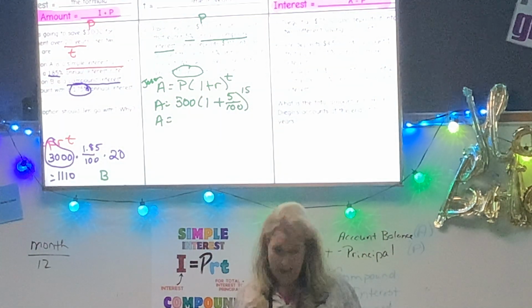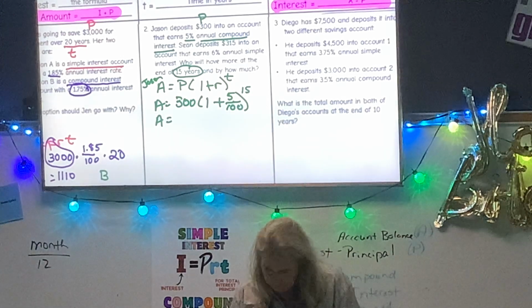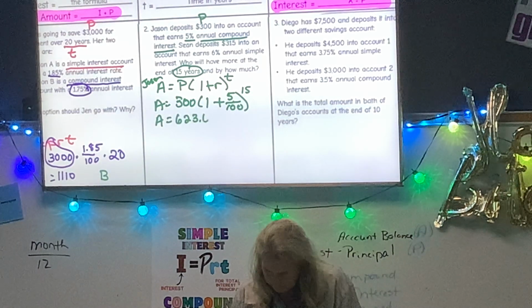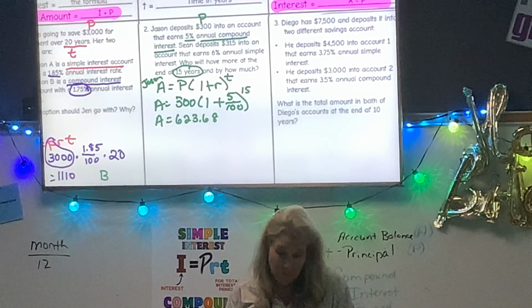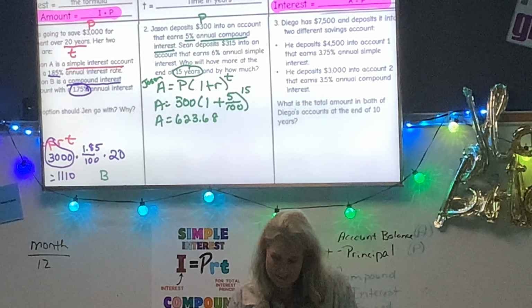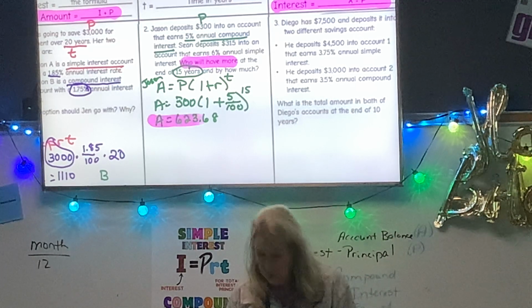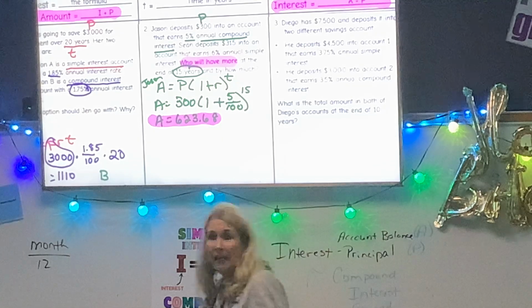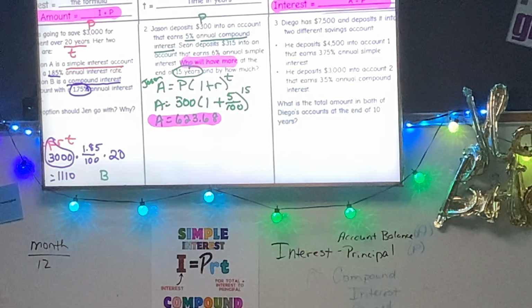Amount in my account is perfect. Well, I got my amount in my account, and it says who will have more, so I need to have them both to amounts in accounts. So I'm good there.